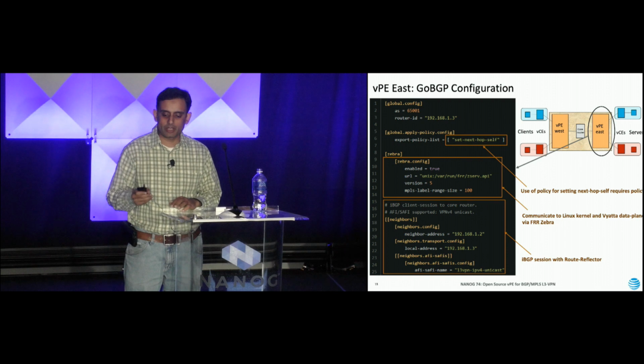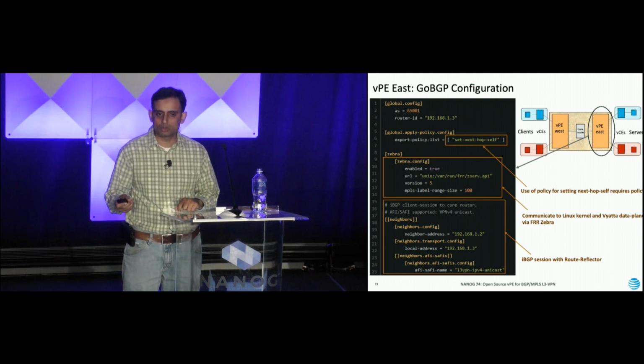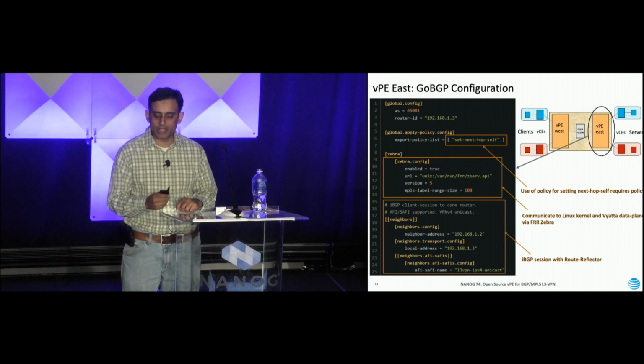So, as routes come in and go into the service provider network, this policy attaches the loopback of VPE East to the routes as next hop. The second box here shows how we communicate with Linux kernel and via data plane via FRR Zebra, and the last set of commands show how iBGP session is established with the Route Reflector.